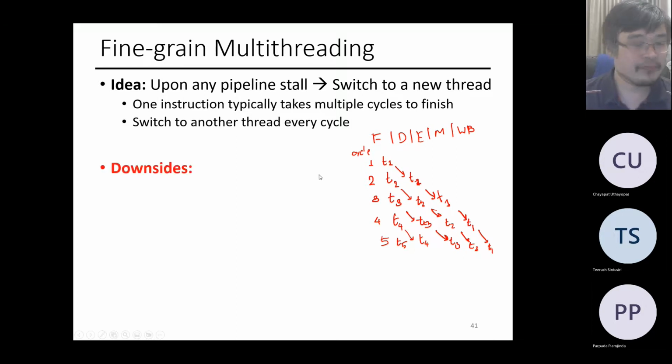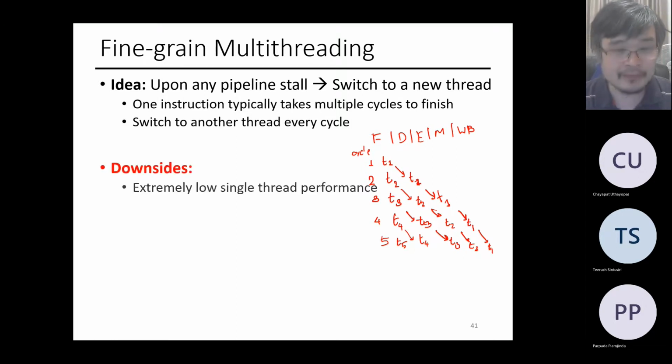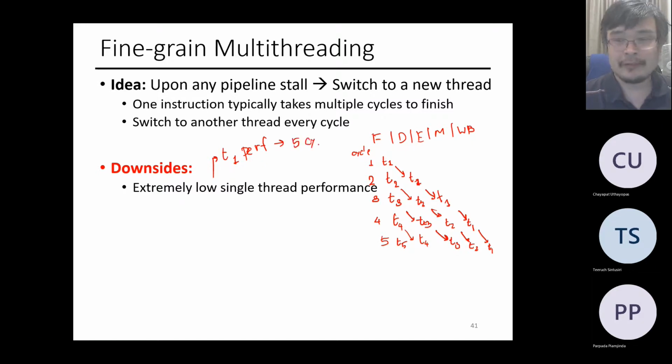What are the problems here? If you look at, say, thread 1 performance, what's the cycles per instruction or instructions per cycle? Over here, you're looking at 5 cycles per instruction, or around 0.2 instructions per cycle.